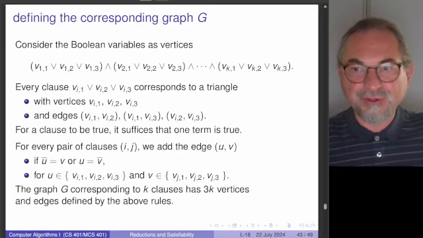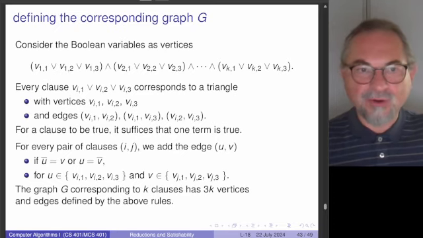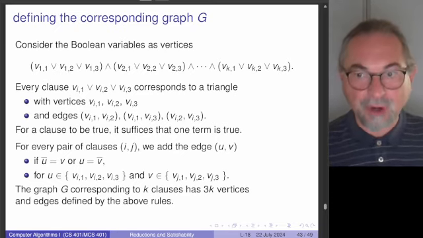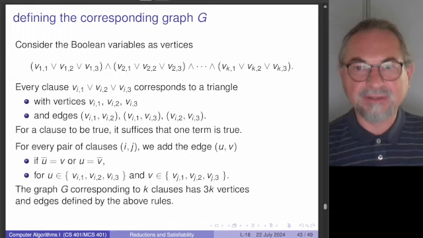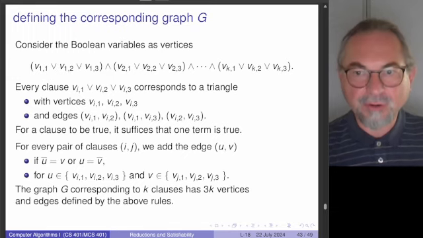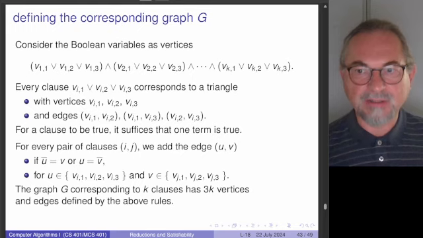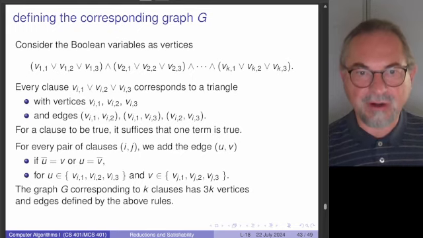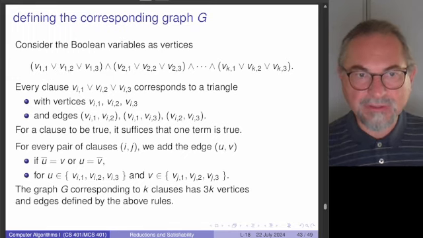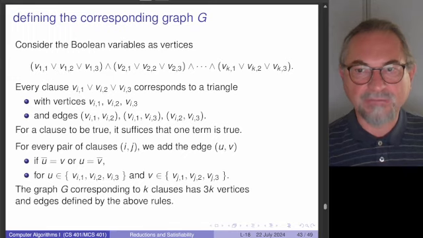I had vertices with the same name, x. Here, all the terms in this clause correspond to unique vertices in the graph. So if we have k terms in our graph, then we have 3k vertices.